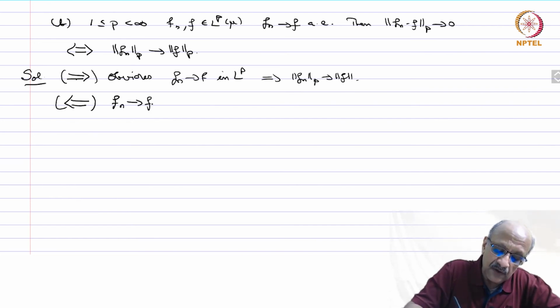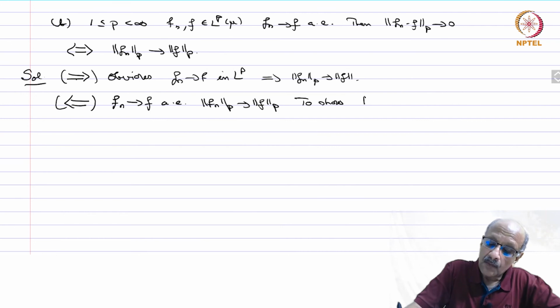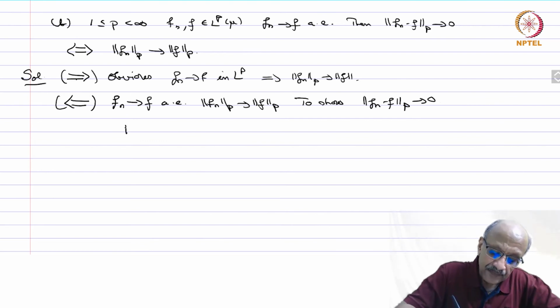So Fn goes to f almost everywhere, and you are given that the norm of Fn in p goes to the norm of f in p, and you have to show that the norm of Fn minus f in LP goes to 0. So let me define capital Fn to be equal to mod Fn minus f power p.